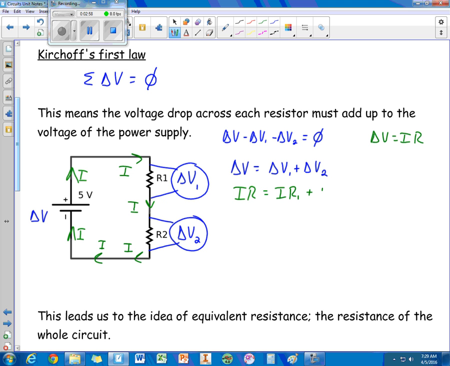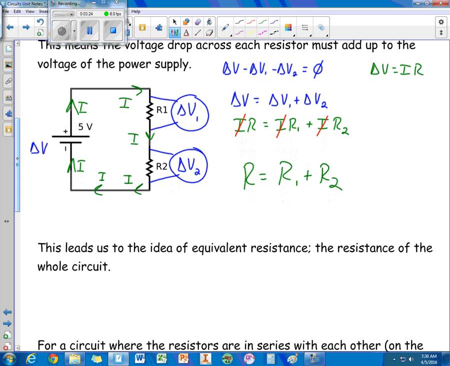And for delta V2, it would be I times R2. So when we take a look at this, we can see that all of these currents, I's, will cancel. And I'm left with R equals R1 plus R2.